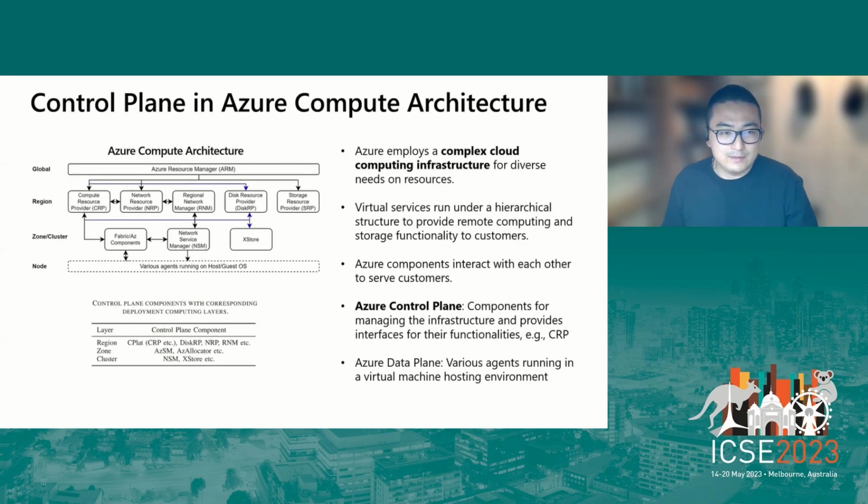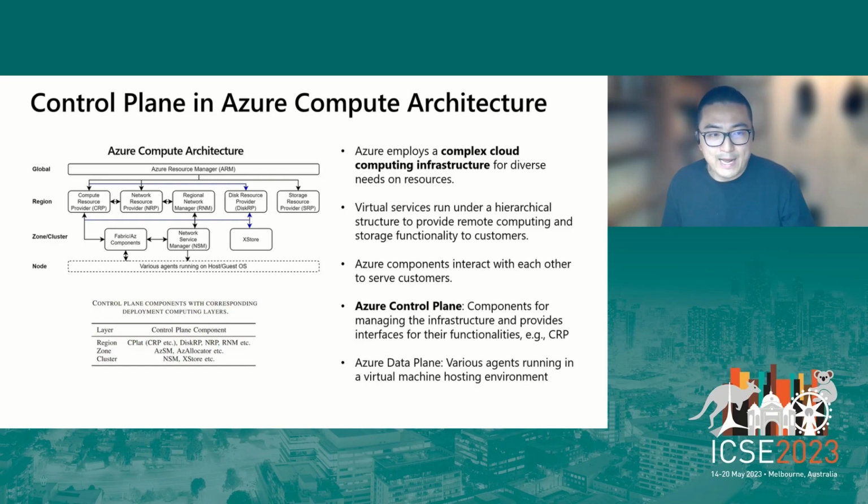A modern cloud computing system like Microsoft Azure employs a complex infrastructure to meet the diverse needs on resources from our customers. The top left panel shows the interactions of various components from Azure computing architecture. A component here can be thought of as a loosely coupled microservice for maintaining certain cloud resources.